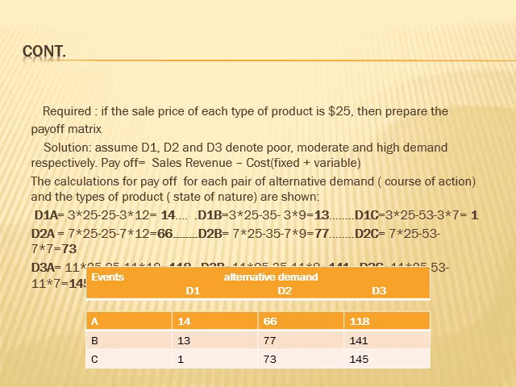Okay. D1A, what do we mean by D1A? Poor demand of product A. D1P means poor demand of product P. D1C means poor demand of product C.